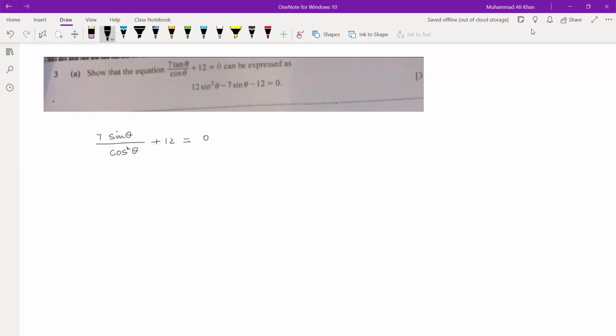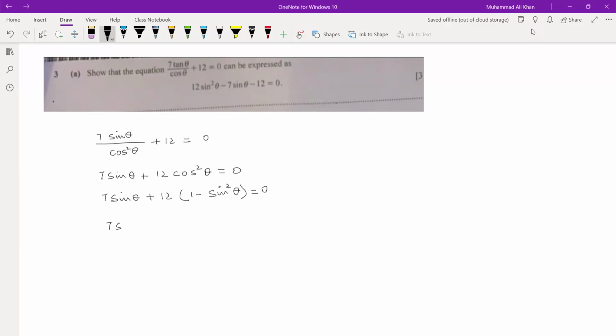Now by taking LCM, 7 sine theta plus 12 cos squared theta equals to 0. 7 sine theta plus 12, we can say that it is (1 - sine squared theta) equals to 0.